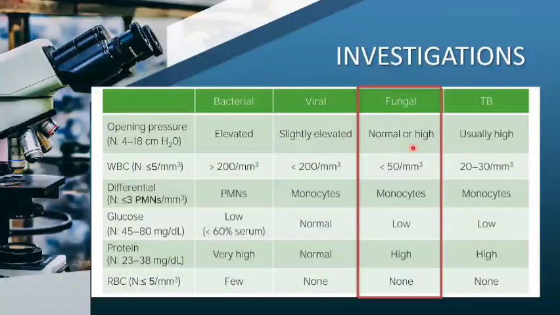Here, it could be as high as 250. Wow, this is insane. And then the white blood cells, usually less than 50 per microliter. On the differential, usually monocytes, and glucose, usually low. Sometimes you may find it normal, but low. And then the protein will be high, and there will be no red blood cells there, right?